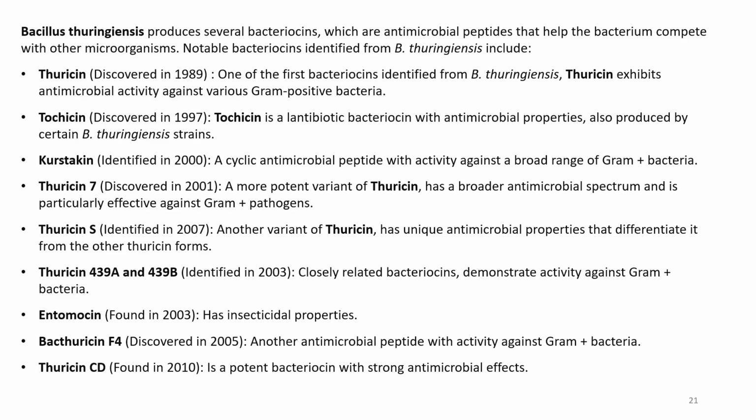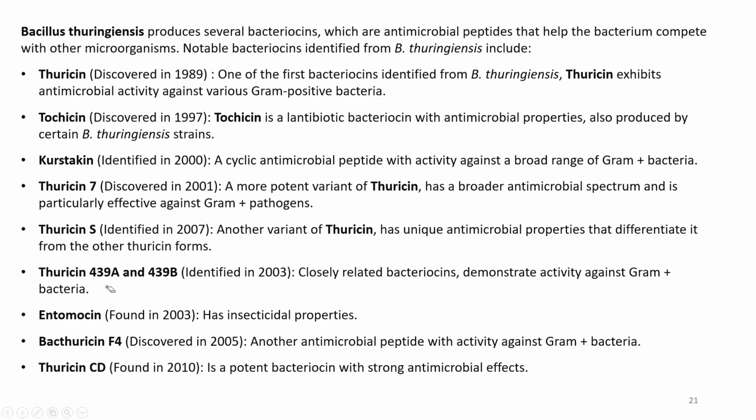Thuricin exhibits antimicrobial activity against various gram-positive bacteria. Then there is tochicin, which was discovered in 1997. This is an antibiotic bacteriocin with antimicrobial properties, and is produced by certain Bacillus thuringiensis strains.